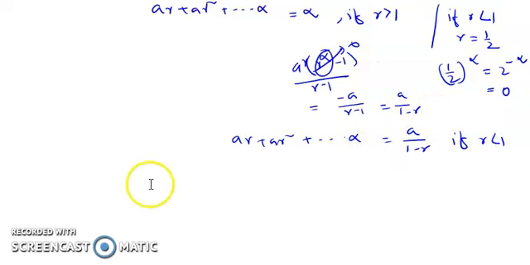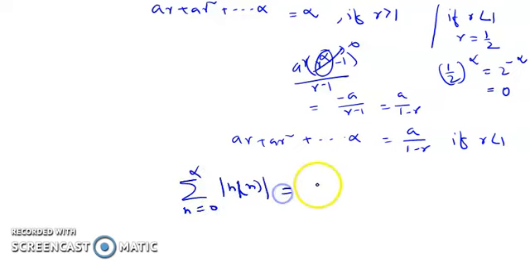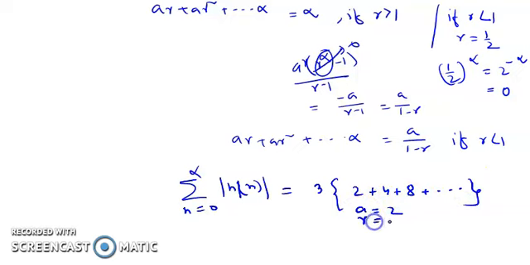Okay, so now in our case the series was the summation of n is equal to 0 to infinity of mod of h of n. If you take 3 common, then 2 plus 4 plus 8 plus dot dot dot. So here a is equal to 2, r is equal to 2.